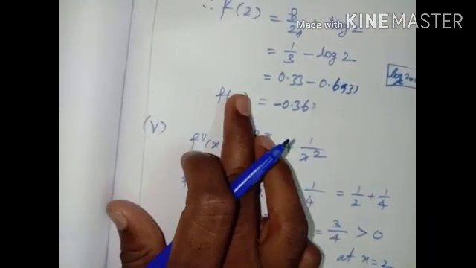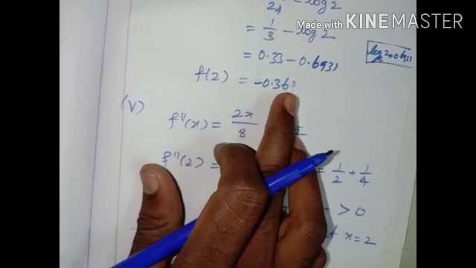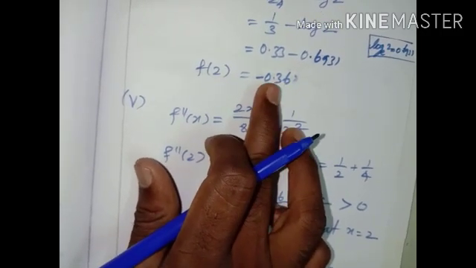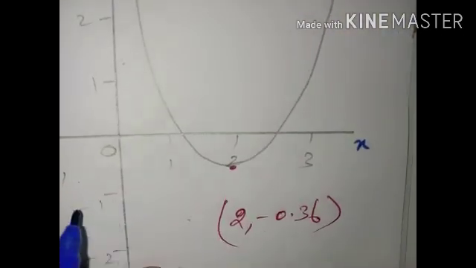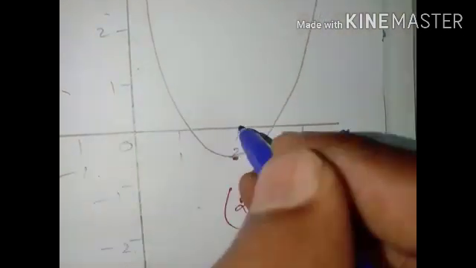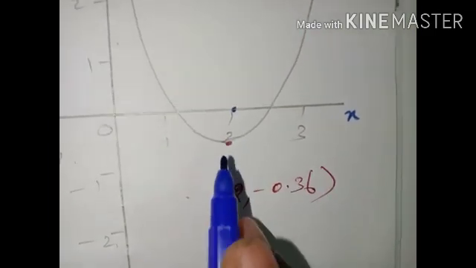The point f(2) is minus 0.36. Substituting x = 2, the x-coordinate is 2, so the point is (2, minus 0.36).